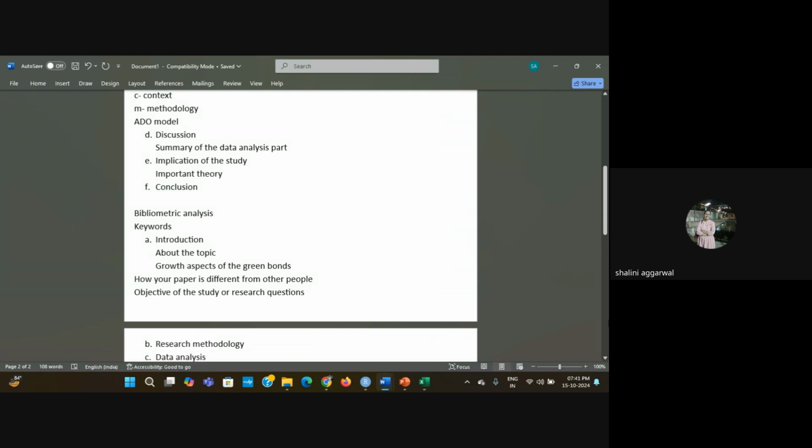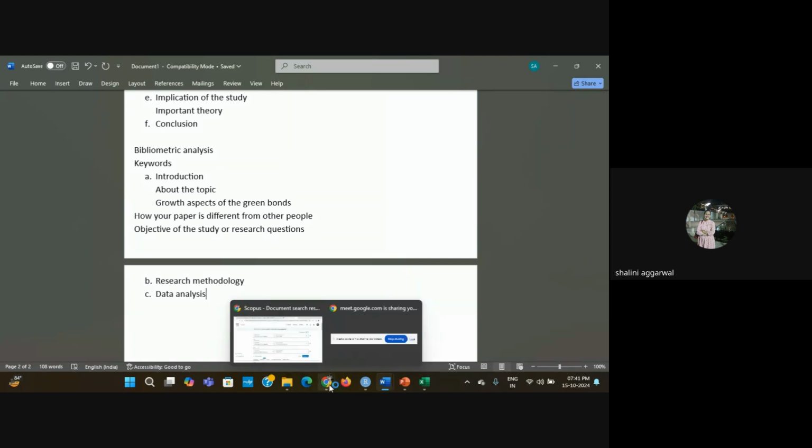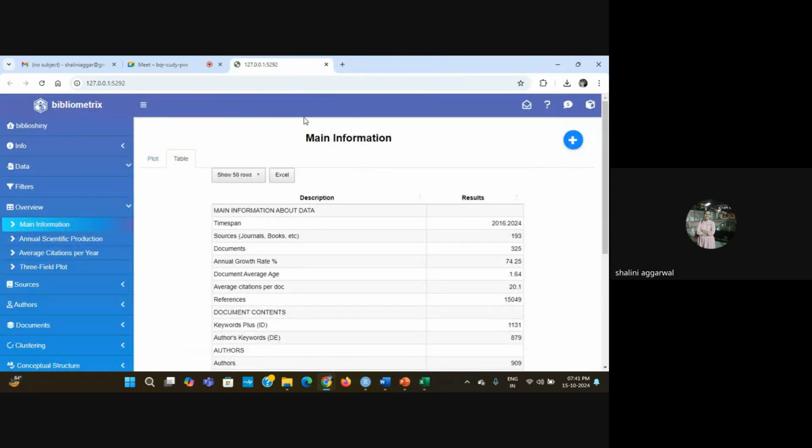I think let's do the data analysis part first, because there is sometimes a problem, if the internet is slow, it will stop working, right? So let's try to find out the main information that we want to extract from this BiblioShiny software.